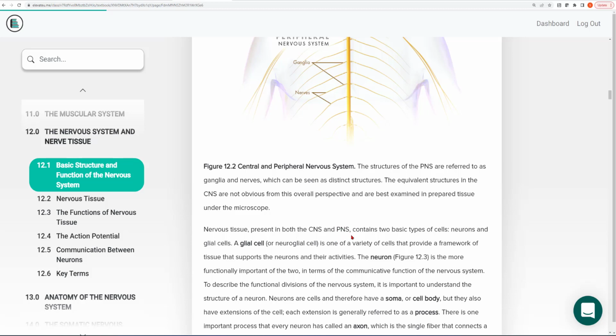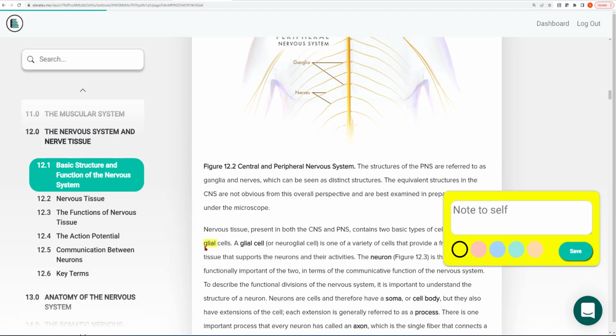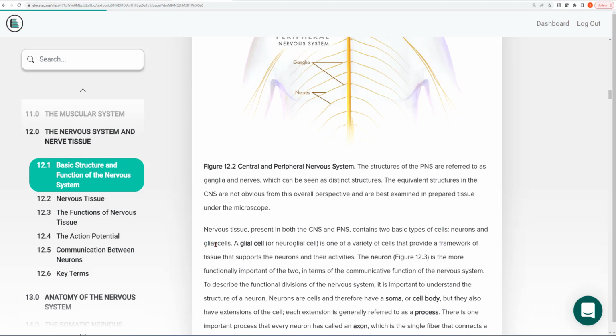And in nervous tissue, there are basically two types of cells. There are neurons, and we're going to learn quite a bit about neurons. These are the cells that send electrical signals throughout your nervous system. And then there are additional cells called glial cells. You may recall from our vocabulary that glia refers to the term for glue.